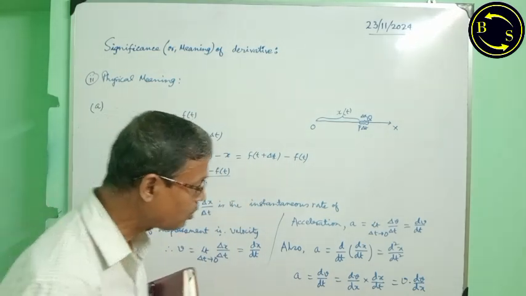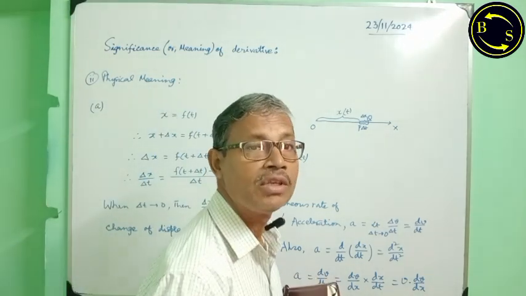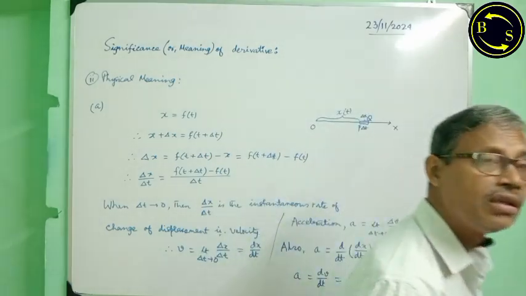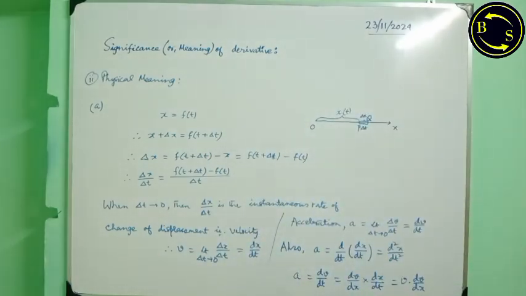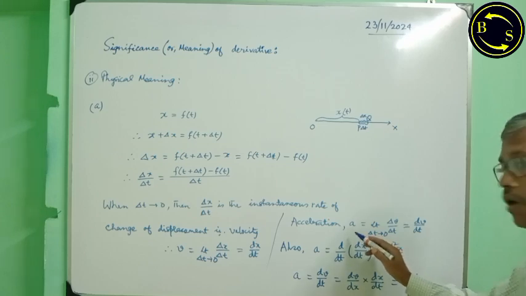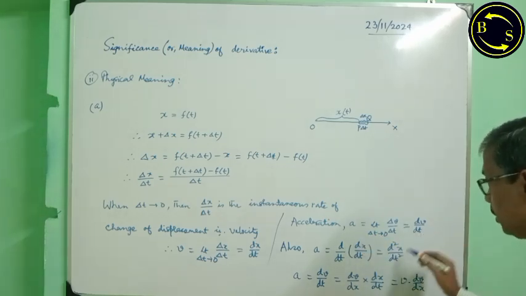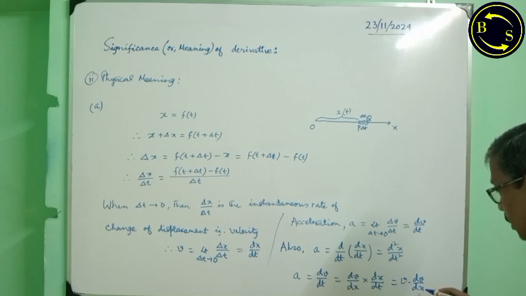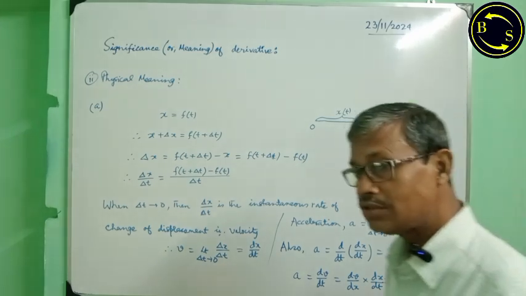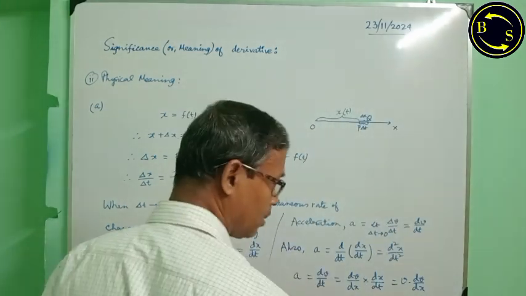Thus we have got three expressions for acceleration. Here, keep in mind that time gap delta t is very small. Therefore, three expressions for acceleration are dv dt, d2x dt2 and v dv dx. We use any of these three forms as we require.